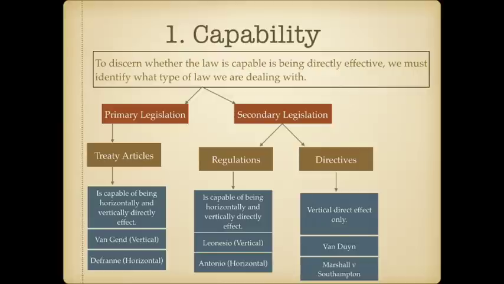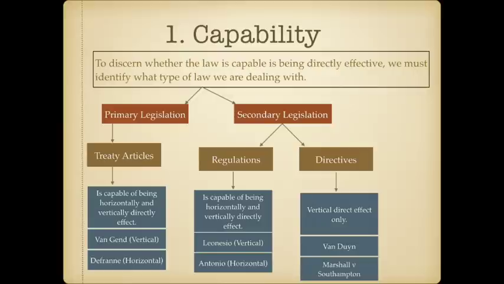Even though regulations are secondary legislation, they are quite similar to treaty articles, in that they take effect immediately without further implementation, thus making them both capable of being horizontally and vertically directly effective.